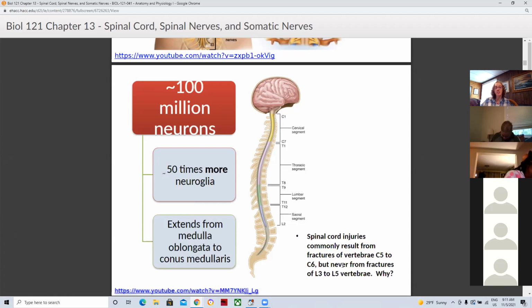Let me say this differently. With this, I kept thinking that it had to do with the flexibility of the neck. There are a lot more vertebrae in the neck than there are in the lumbar area.